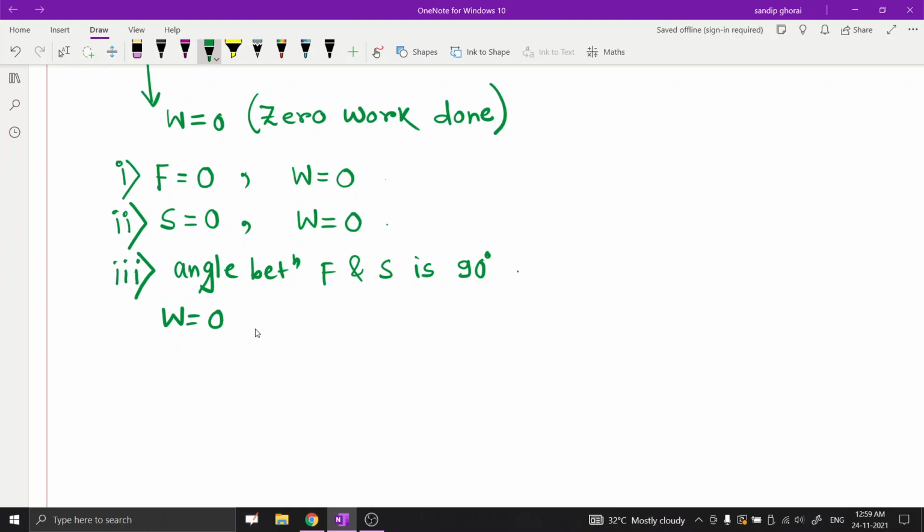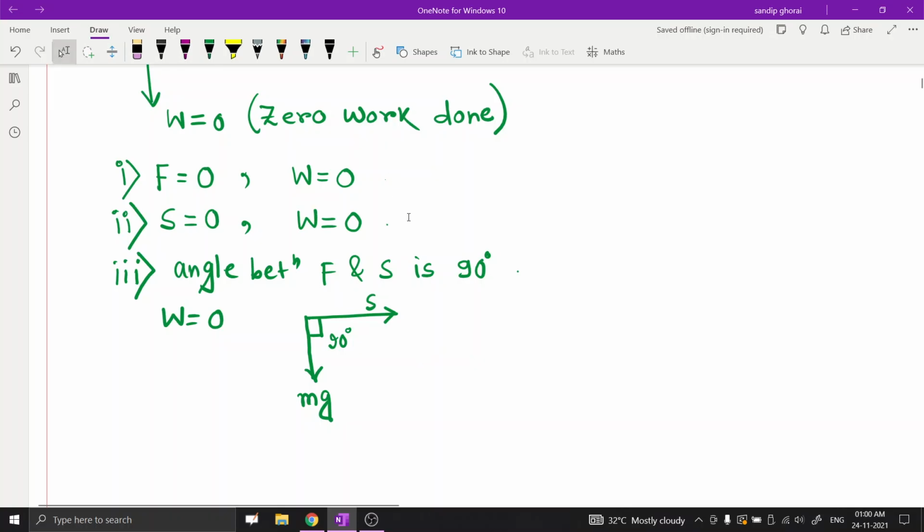For example, a porter takes a load on his head and moves in the horizontal direction. The weight of the load acts downward, which is the direction of force, and the displacement is horizontal. Here the angle between load and displacement is 90 degrees, so we have Fs cos 90.